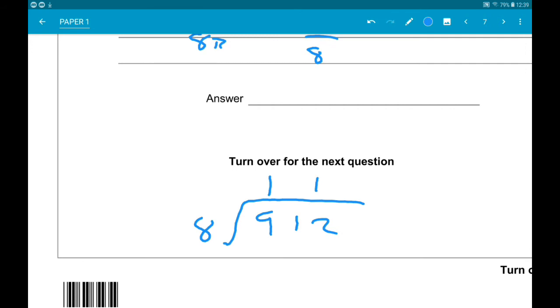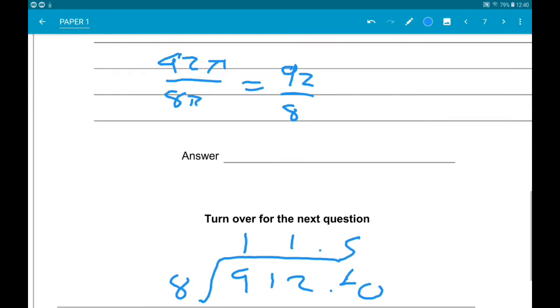Remainder 4. So we put a point 0 with a point up the top. Carry the 4 onto the 0. 8 into 40 goes 5 times. So the final answer is 11.5.